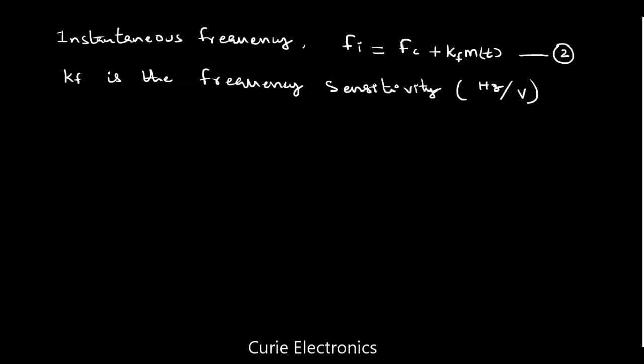Now we have to derive the equation for FM. That's what we are doing. Okay. Now what should be your focus? We know S of t equal to A cos theta.